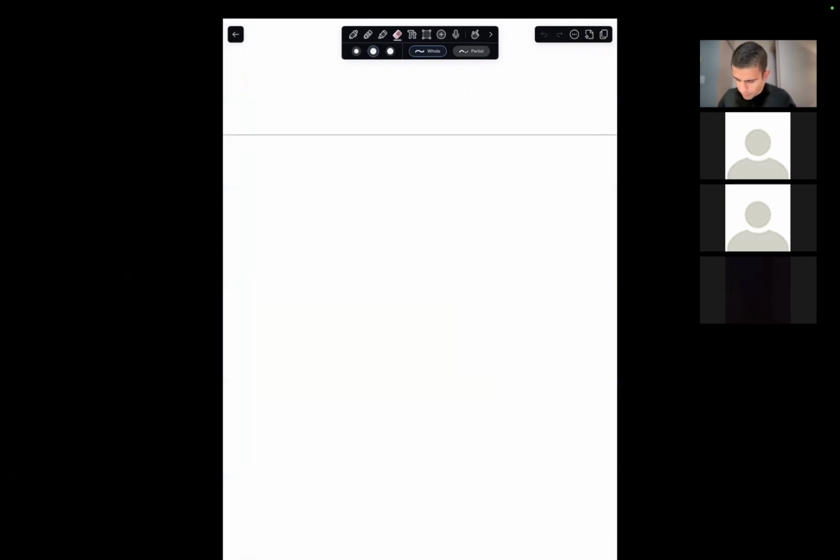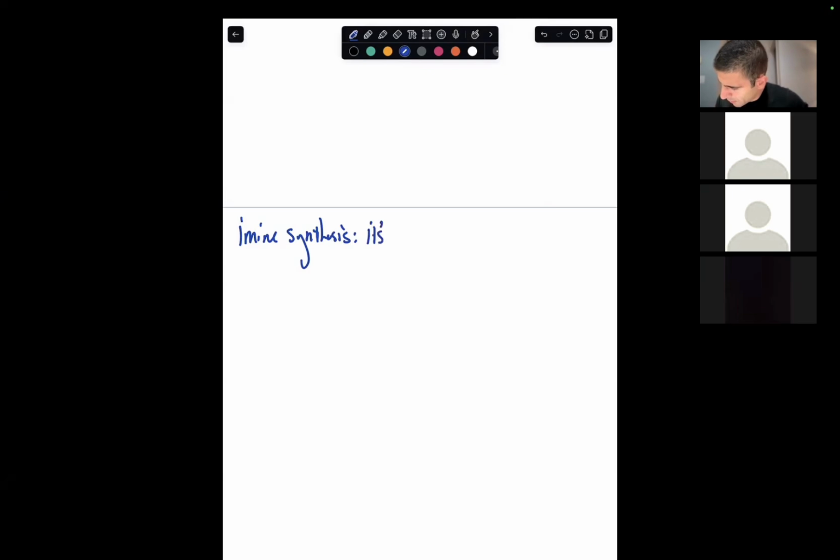So first of all, the first functional group that we're going to talk about now is called an imine. So imine synthesis. It's a reaction of a ketone or aldehyde.